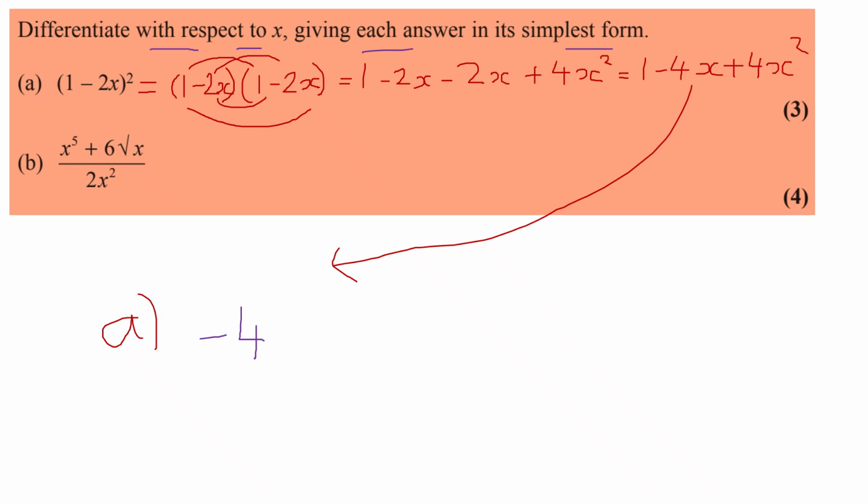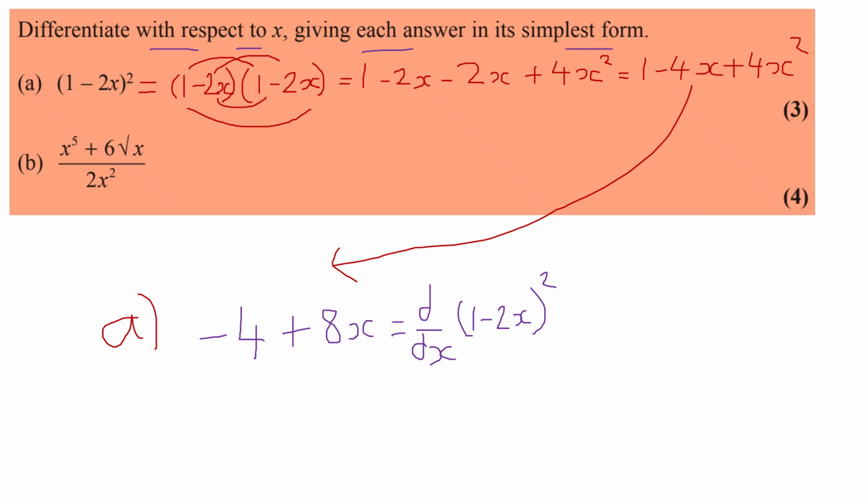So we do plus 4 times 2 is plus 8, attach the x, and then we knock 1 off the power, and that's equal to the derivative d by dx of (1 minus 2x) all squared.